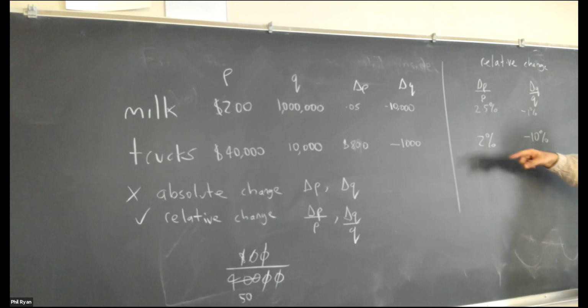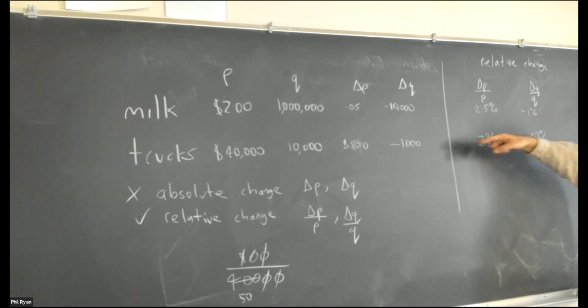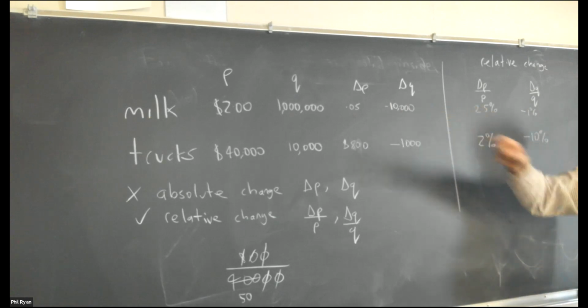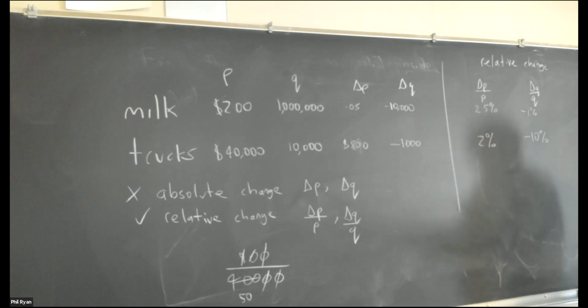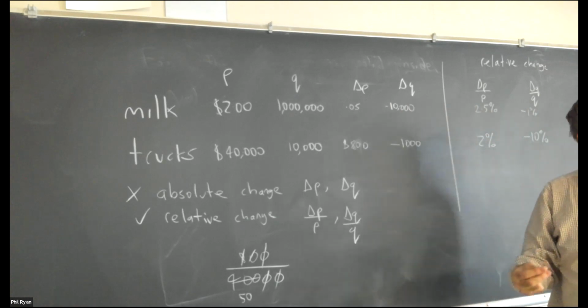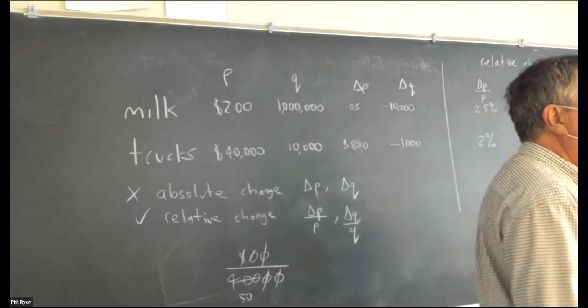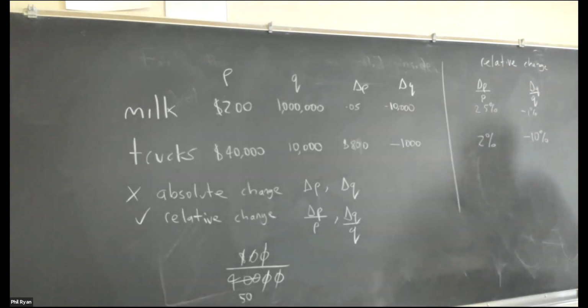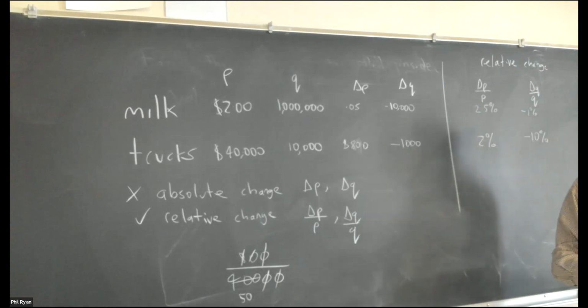So we see that the truck market is much more sensitive than the milk market. Okay, so that gives us actual real information that anyone who is actually selling milk and trucks would want to know, and maybe the people in charge of the markets want to know.